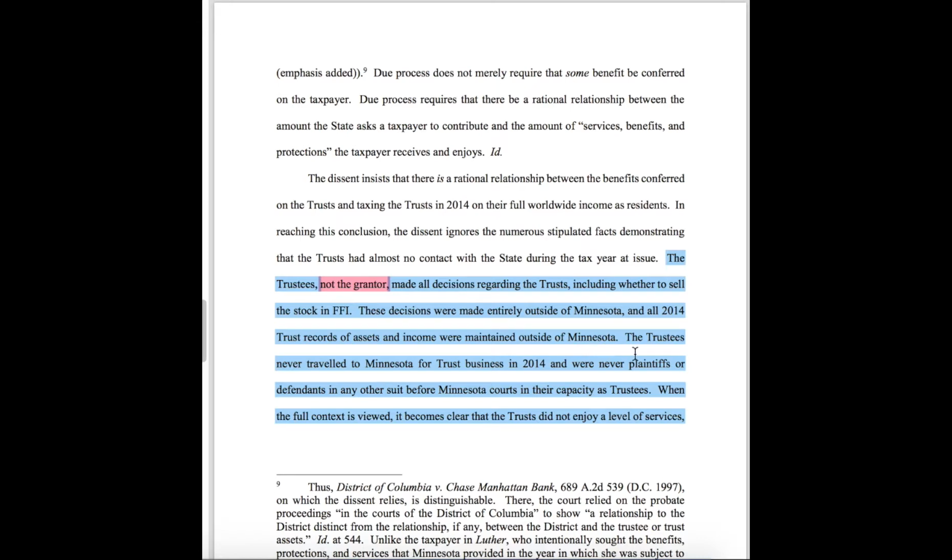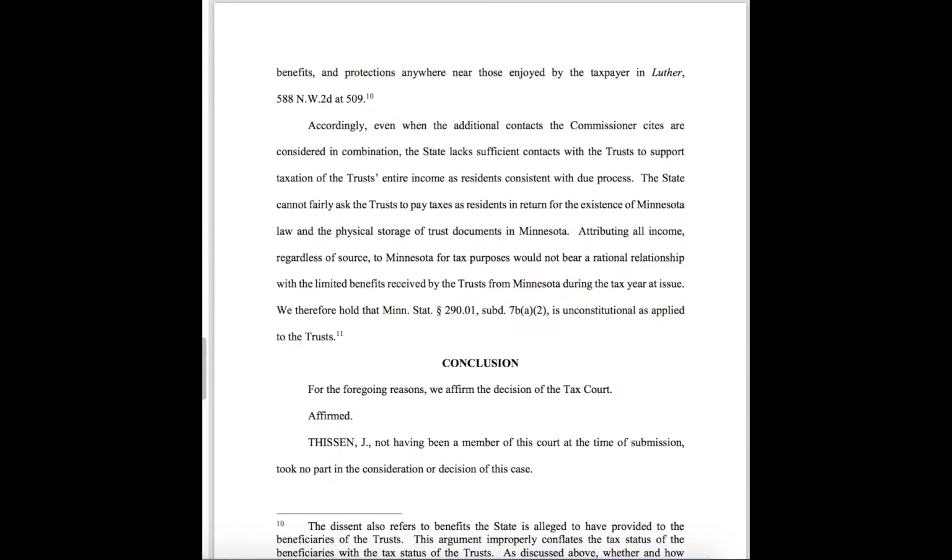Okay, the trustees never traveled to Minnesota for trust business in 2014, and were never plaintiffs or defendants in any other suit before Minnesota courts in their capacity as trustees. When the full context is viewed, it becomes clear that the trust did not enjoy a level of services.